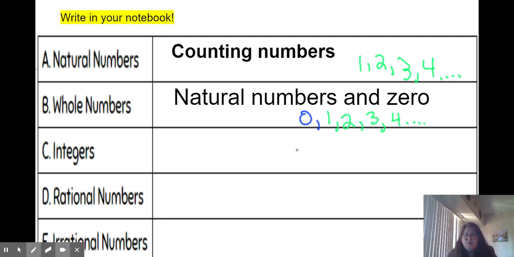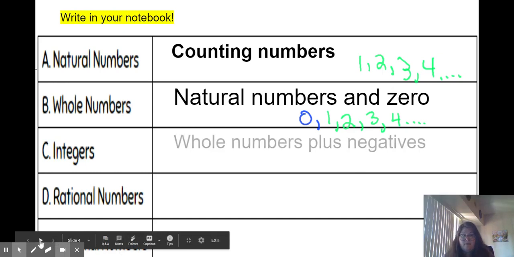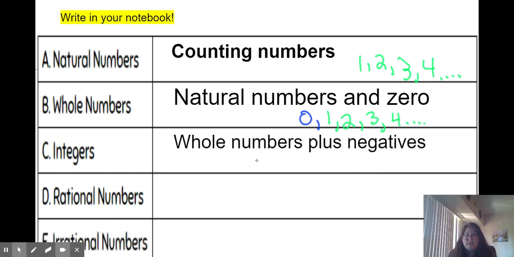For our integers, we know that we talk about our number line. I always like to use my number line as a resource or description of what an integer is. So when we talk about an integer, we are talking about our whole numbers plus the negatives.